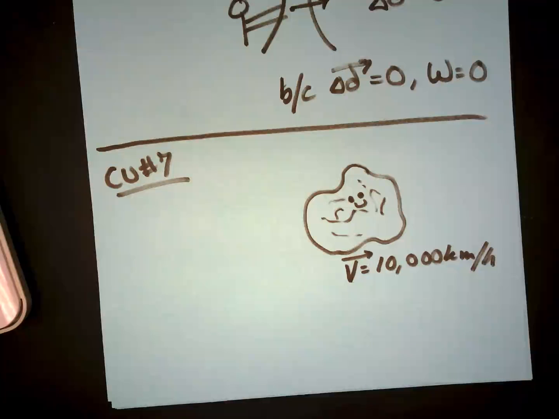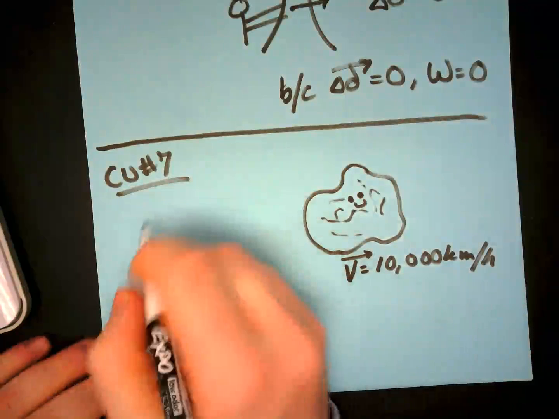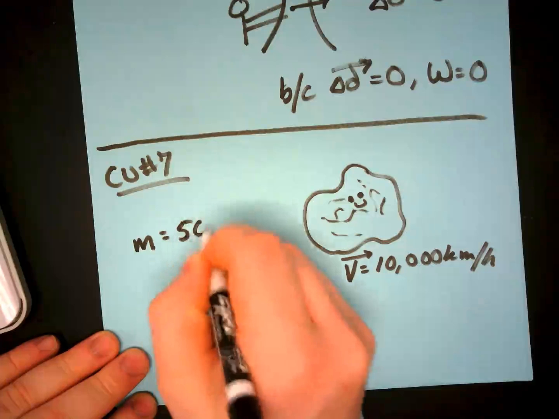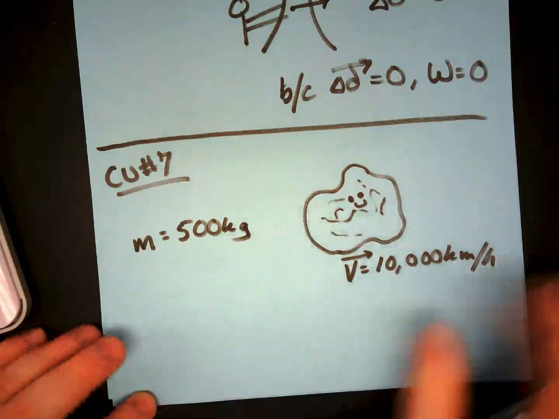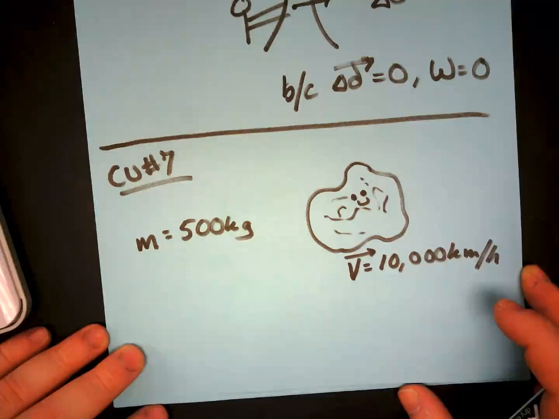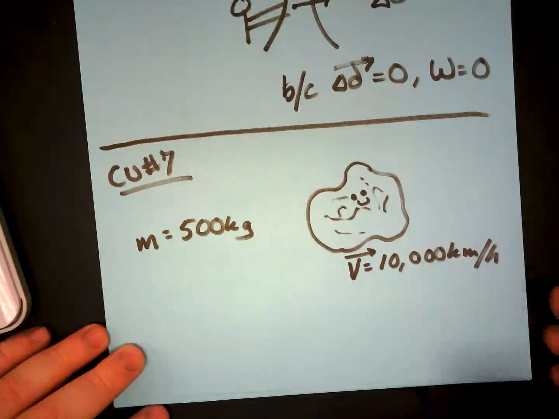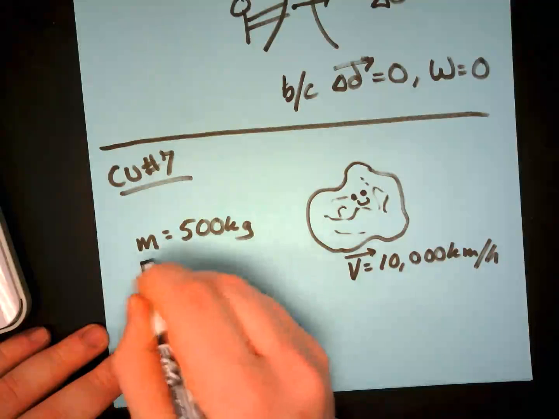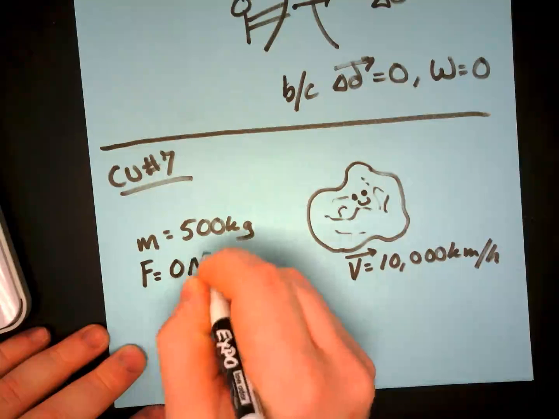Well, let's see here. We know that its mass is 500 kilograms. And it says here it's traveling through space and it's far from any force of gravity. That means there really is no force being applied here, especially because force is pretty much approaching 0. Well, force is approaching 0, so that pretty much means that, in this case, force is 0.